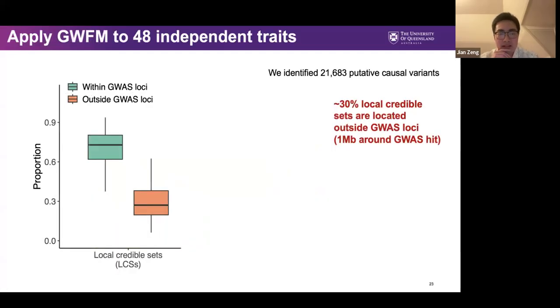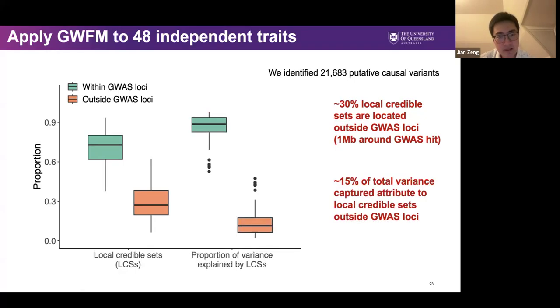What about in the real traits? We applied this genome-wide fine mapping method to 48 independent traits in the UK Biobank. Again, similar to what we found in simulation, about 70% of the variants we found are within GWAS loci, and 30% are outside the GWAS loci. You might think those variants outside the GWAS loci tend to have small effects, so they may not be important.